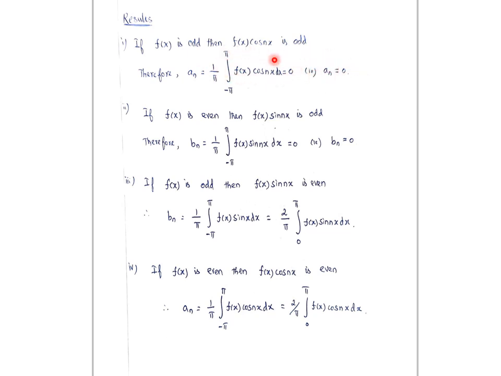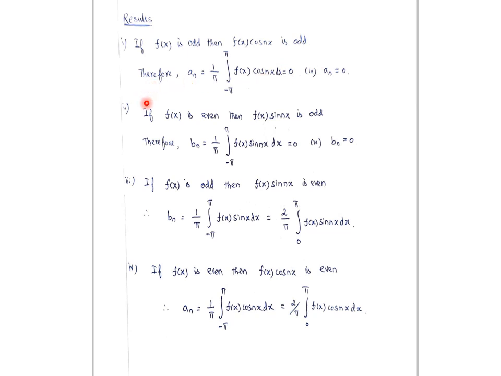Without calculating this integral, we can write the coefficient a n equal to 0 by just identifying the given function as an odd function. So, it will simplify our calculation.